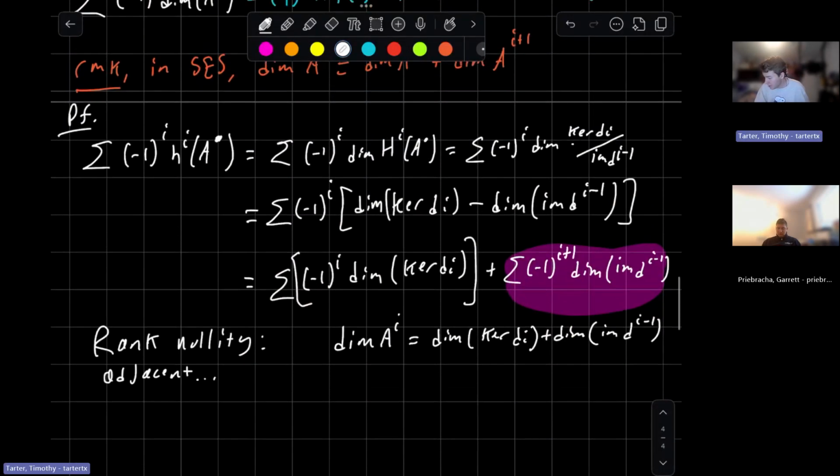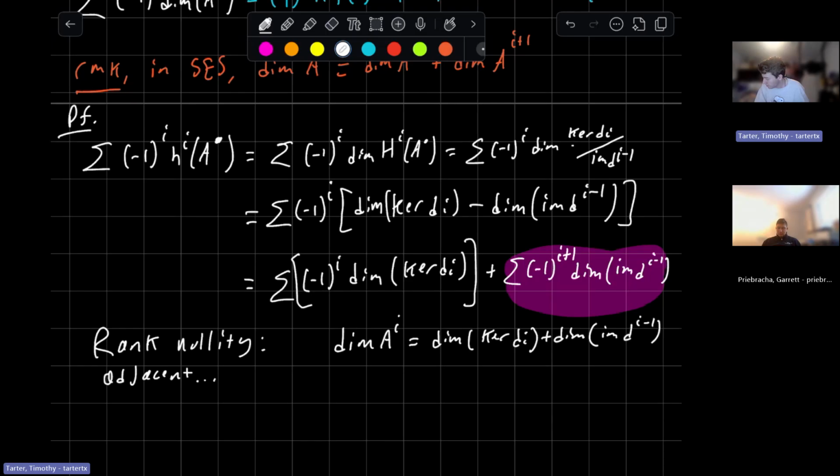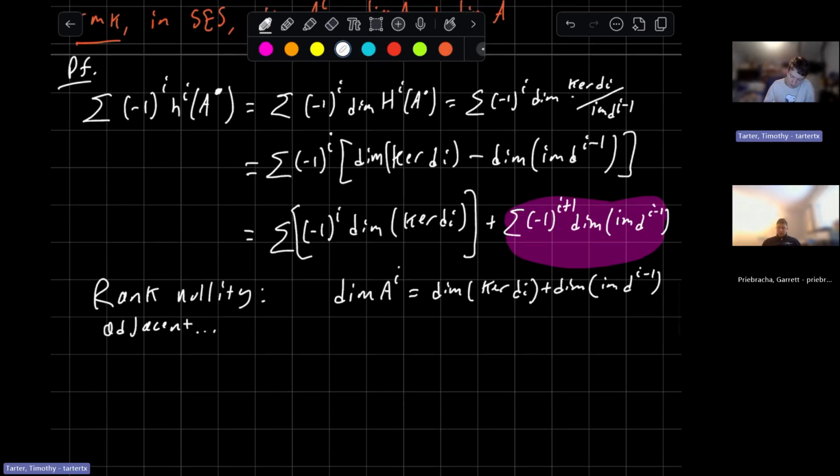I feel like we might be overcomplicating this.